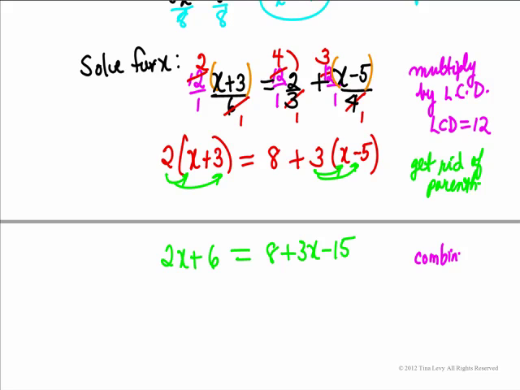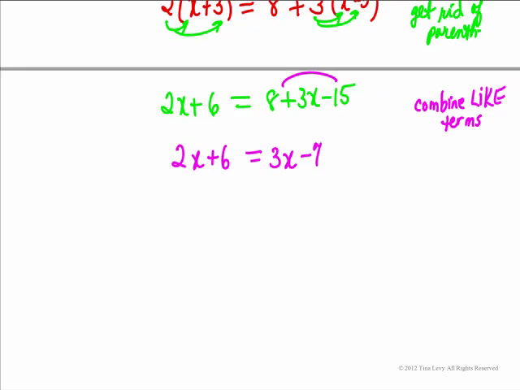Now we combine like terms, because we must only have no more than one variable term and one number on each side of the equals. So we have 2x + 6 = 3x, 8 and negative 15 is negative 7. Now we're ready to solve. Up until this point you were just doing a rewrite.